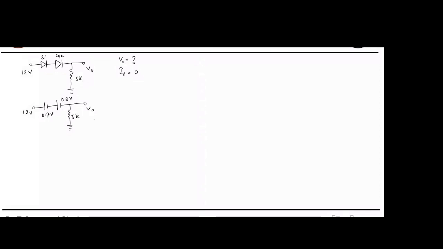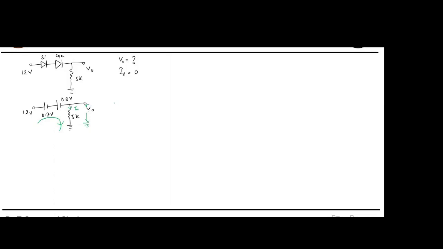How will you find the output voltage? Just apply the KVL here. Then you can find the current I. Once you find the current I, the voltage across 5K is nothing but V naught only. Yes or no? Yes, sir.